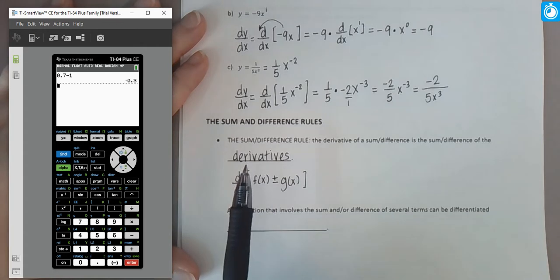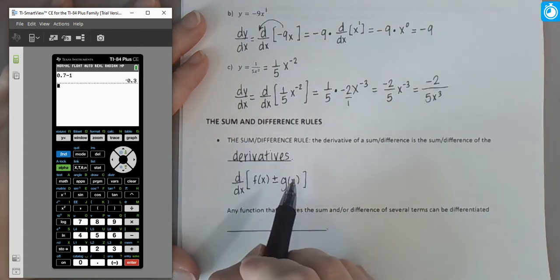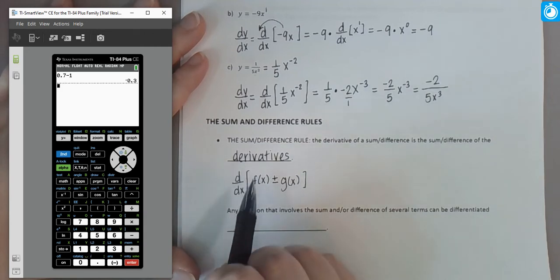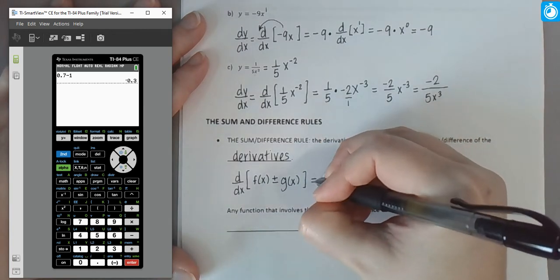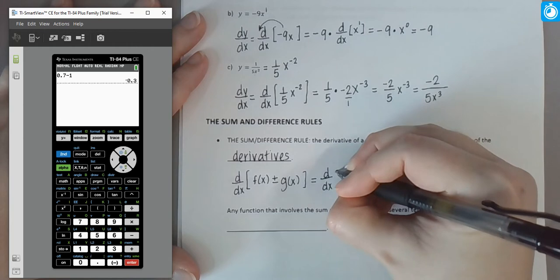So essentially what this is going to look like is the derivative operator distributes to each of the functions. So if we're differentiating a sum or a difference, we can actually take the derivative of the individual functions themselves.